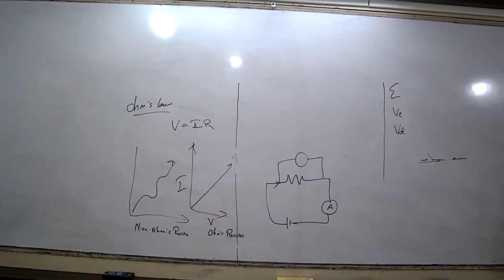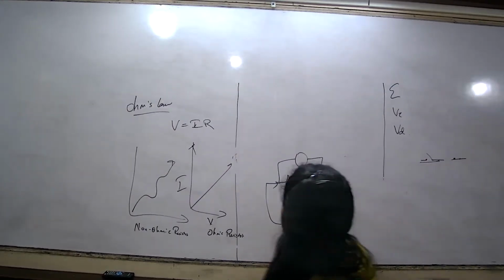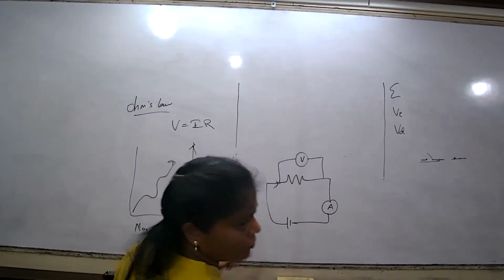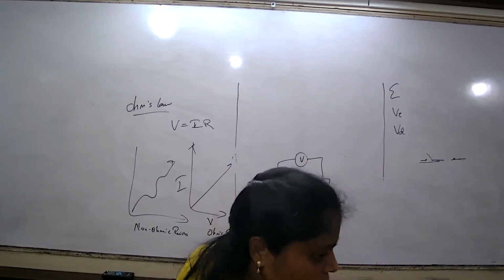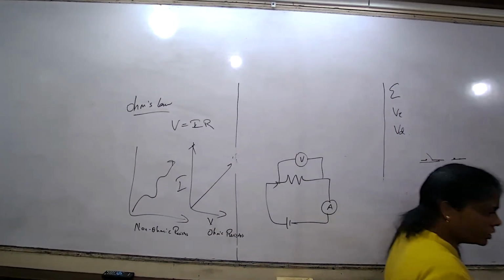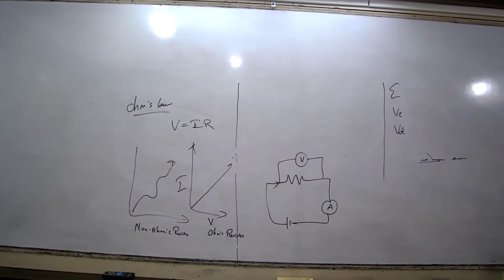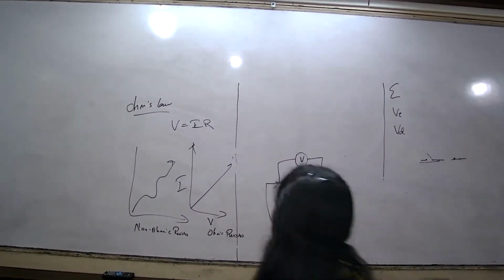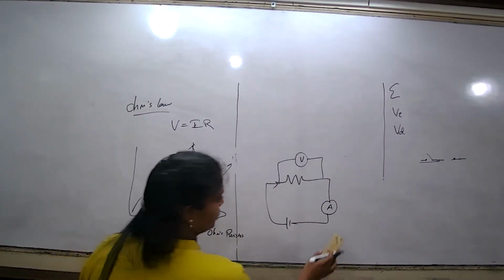So it is helpful in two ways: detecting a small amount of current, and knowing the direction of the current. That is the galvanometer. And the voltmeter measures the potential difference. EMF is nothing but the potential difference, you can say. This is the pattern to draw the circuit.